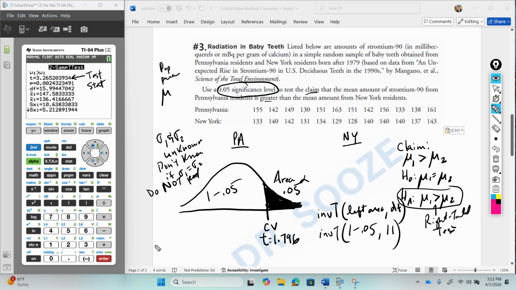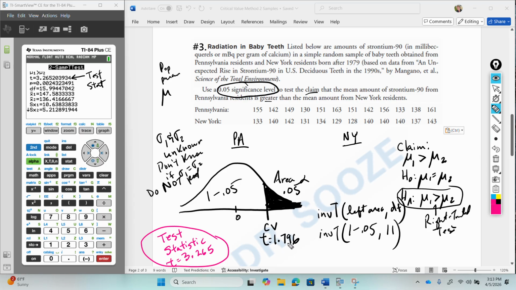So I'm going to write it in red. And I'll take it to 3 places. So it's a t-score, 3.265. And then on this horizontal, if you think of that as a number line, where would 3.265 be?